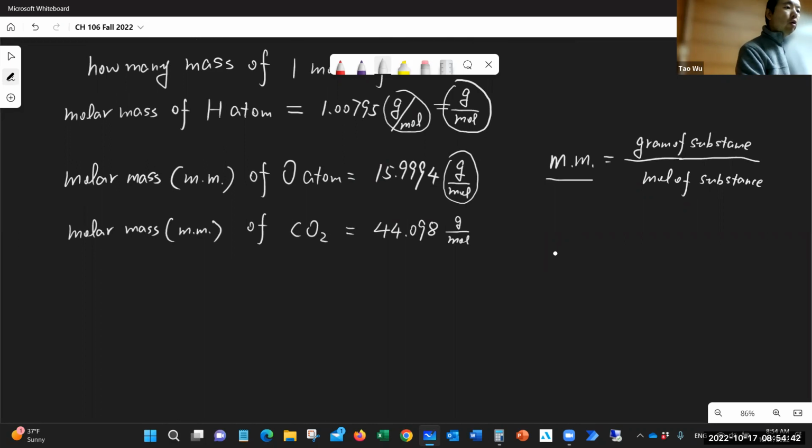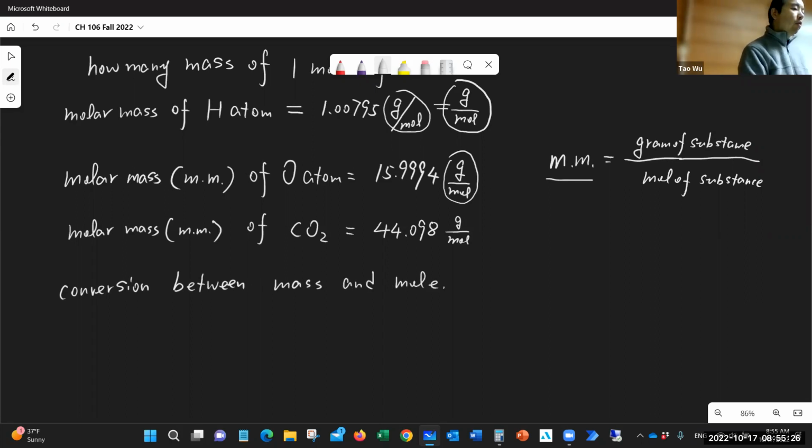And this is also the conversion between mass and mole, because molar mass shows up over here, and we have a mass and we have a mole. Okay, so now let's look at the conversion between mass and mole.